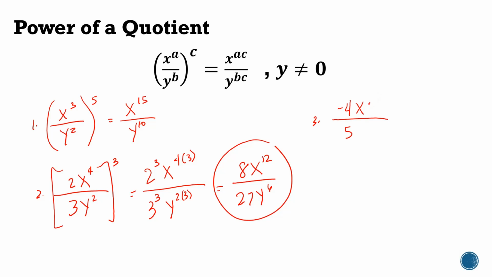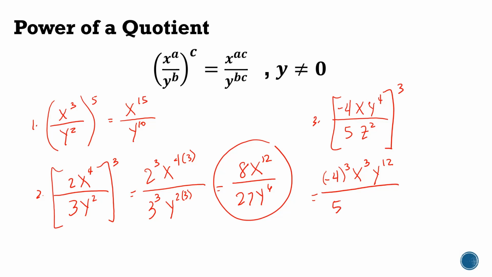So y raised to 4, that's this one, z raised to 2. There you go. Squared. Now let's have 3. Okay. So this is negative 4 raised to 3, x raised to 3, y raised to 4 times 3 is 12, over 5 raised to 3, z raised to 6.